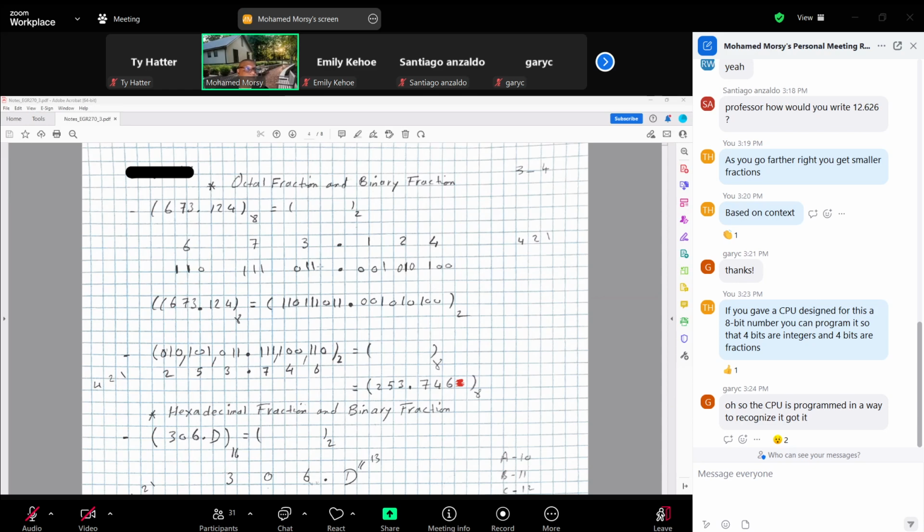After the point, the same weights. Just remember, we convert from octal, not decimal. So 1 is 100, 2 is 010, 4 is 001.